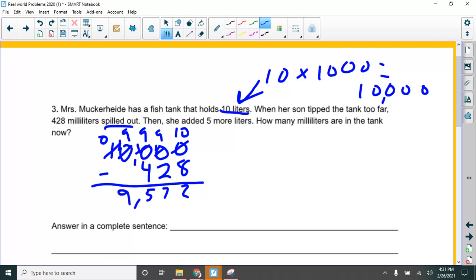But wait, there's more. What did she do after he spilled some water? She added more, right? So 5 more. So how about, whoops. Oh, made the whole thing go away. So how about this?